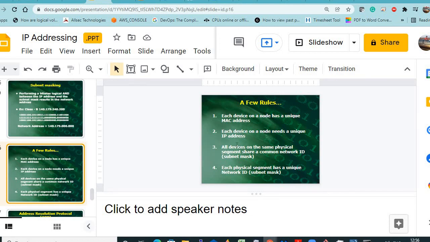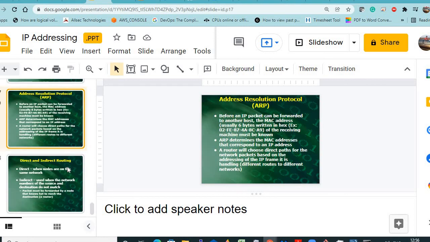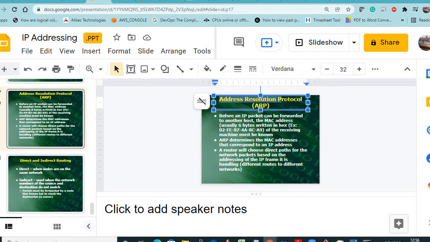And all devices on the same physical segment share a common network ID, that is called the subnet mask. So that is why we have a subnet mask. Now the next concept is address resolution protocol. What is this address resolution protocol?